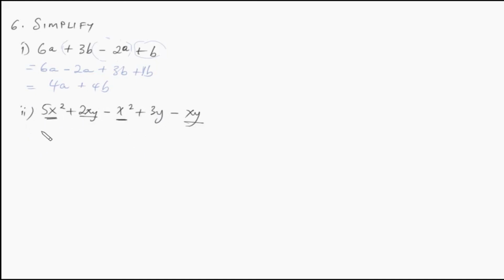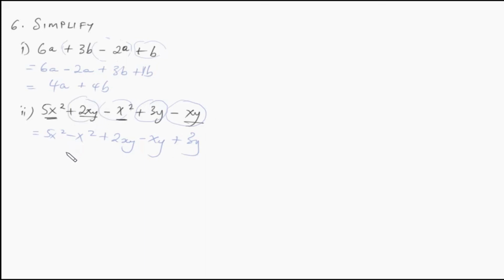Let's put the x squareds together. So we are going to have 5x squared minus x squared plus 2xy minus xy plus 3y. Be careful. We take each term with the sign before it.